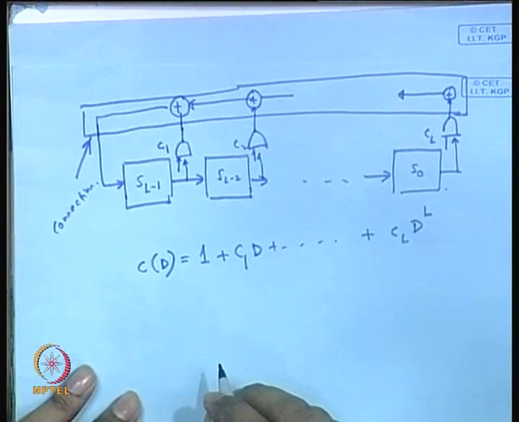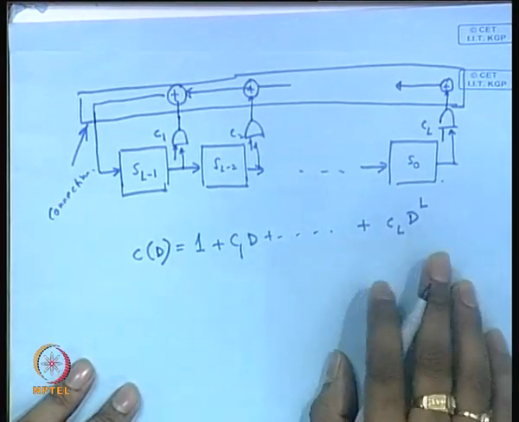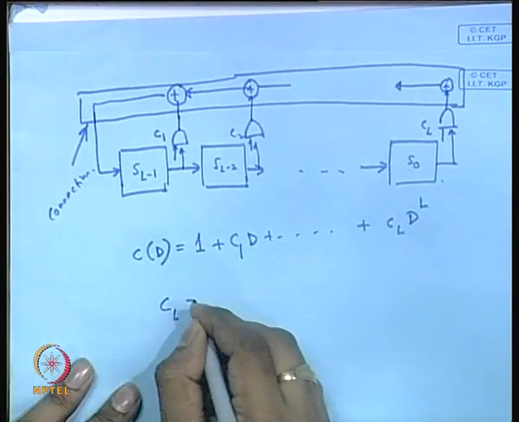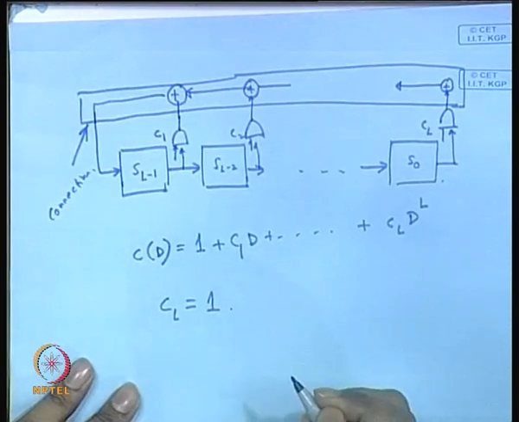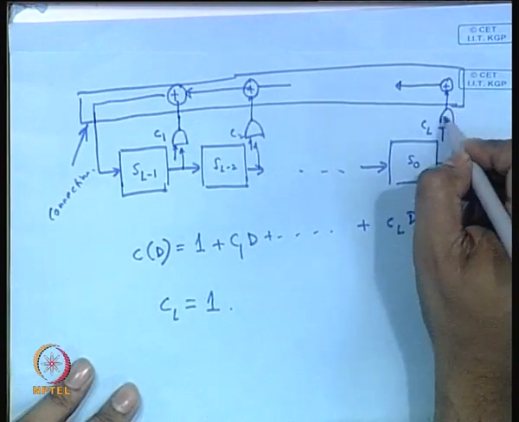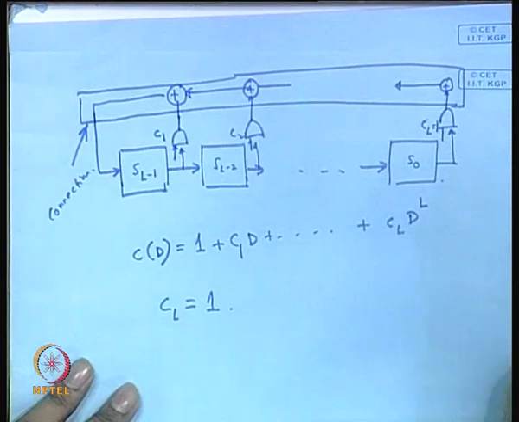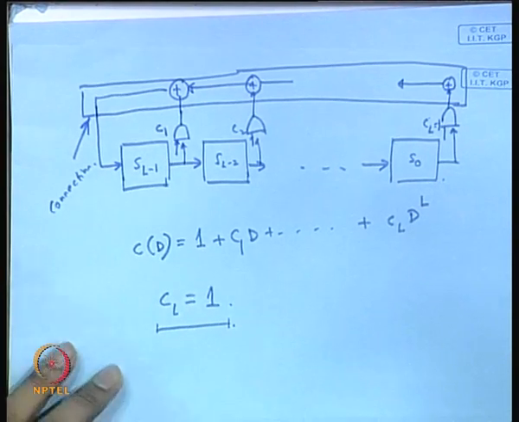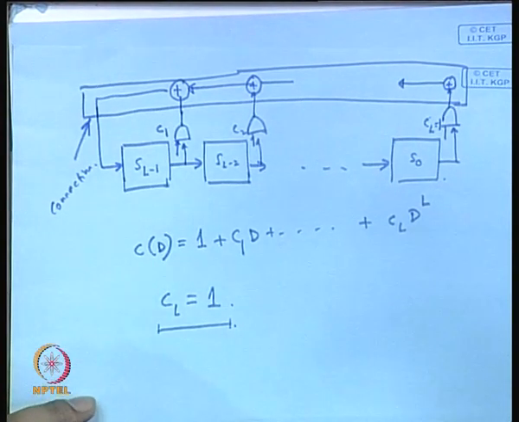If I want the degree of this polynomial to be L, then I have to ensure that the value of CL is 1. So, this value of CL should always be equal to 1. There are some merits to why CL is kept equal to 1, because we also want periodic sequences.